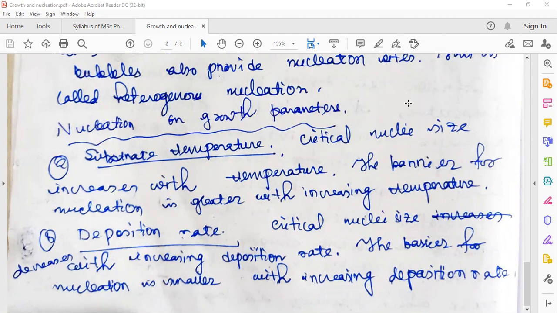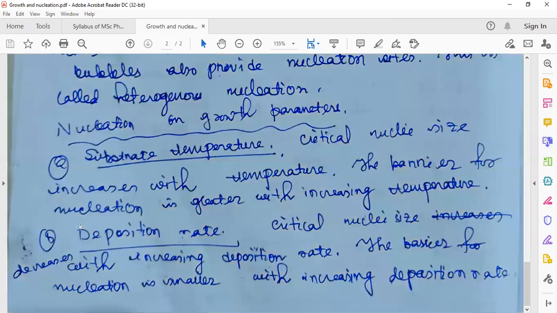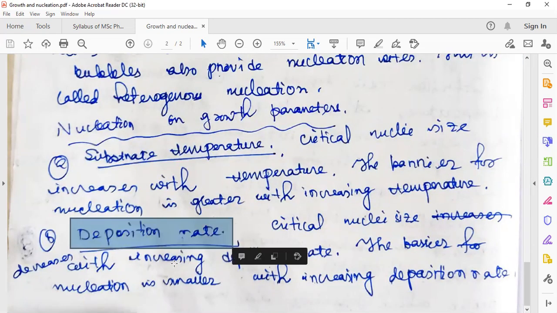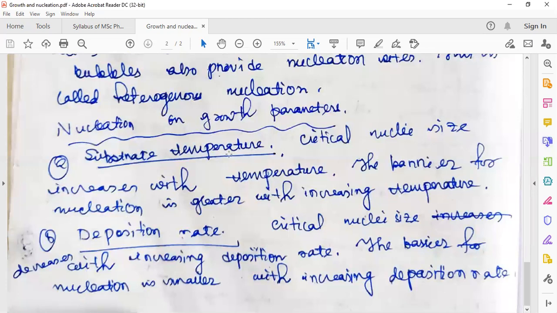We have already learned in one of the previous classes that there are two main growth parameters for thin films: one is the substrate temperature, and the other is the deposition rate. So how does nucleation relate to these growth parameters?